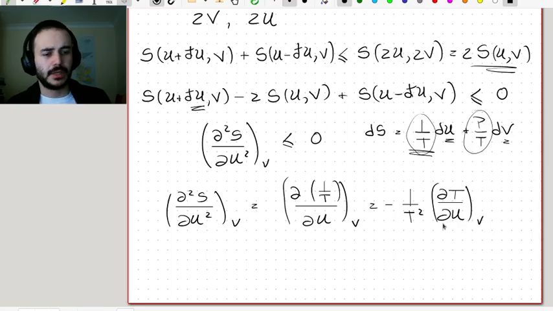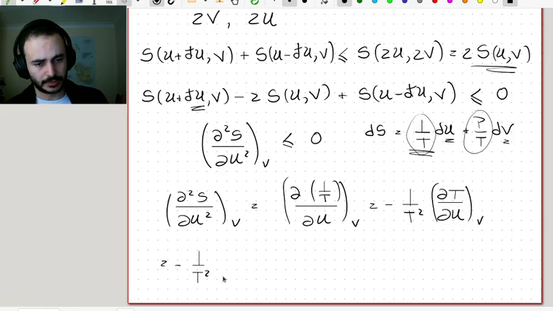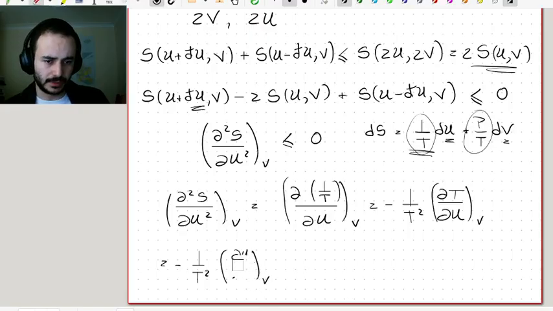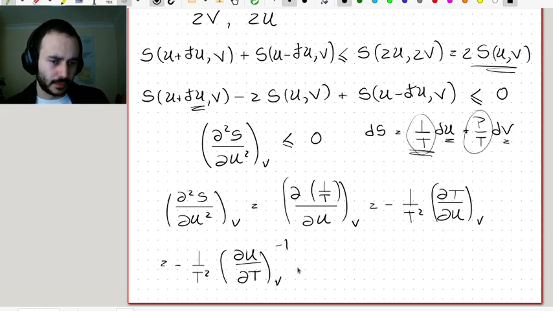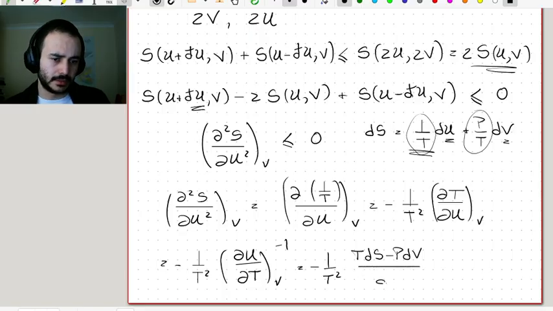Okay, and what is this derivative? Well, we can put the internal energy in the numerator, because that's what we have learned we have to do to reduce such a derivative. So this is the partial of u with respect to T at constant v, to the minus 1, and then this equals 1 over T squared, and here you have T dS minus P dV, and in the denominator you have dT, the whole thing evaluated at constant volume.